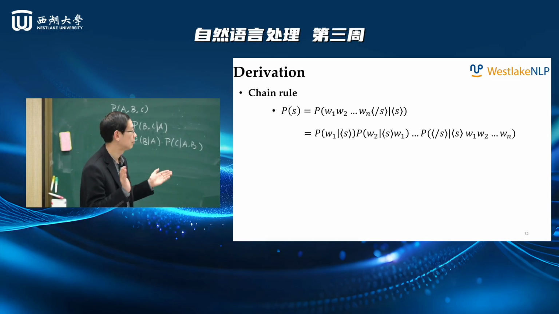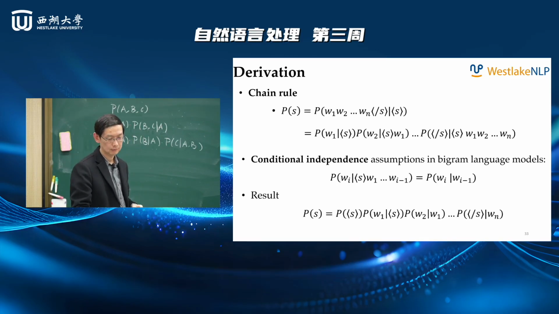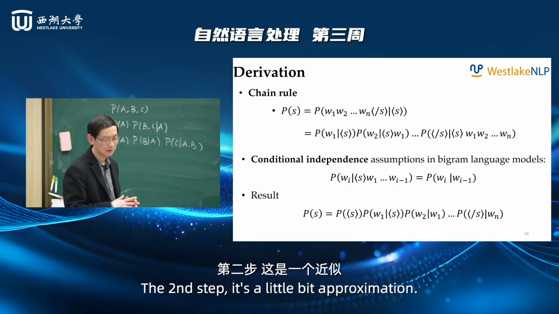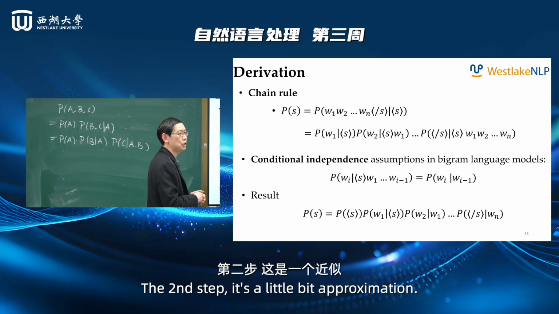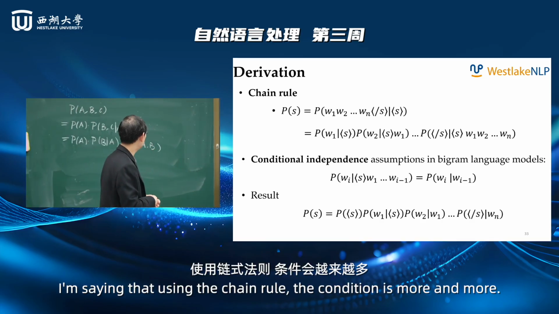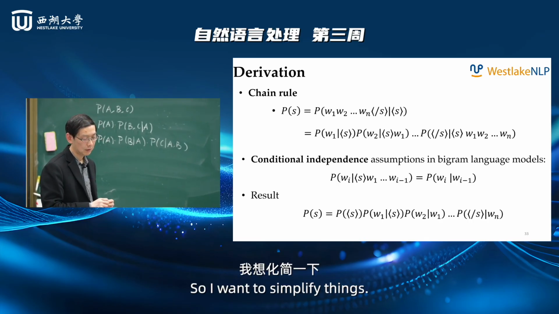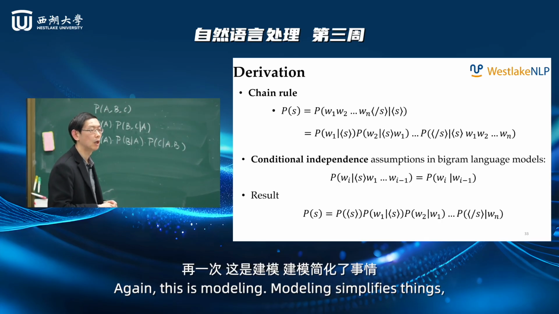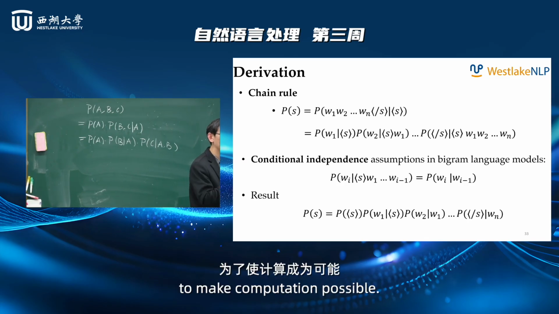Great. I know that the first step is right. But again, it's not my bigram model. The second step is a little bit of approximation. Using the chain rule, the condition gets longer and longer, so I want to simplify things. Let's make a conditional independence assumption. Again, this is modeling. Modeling simplifies things to make computation possible.